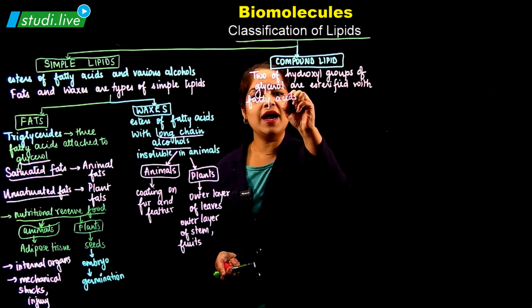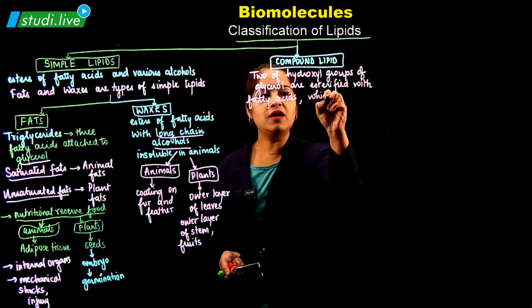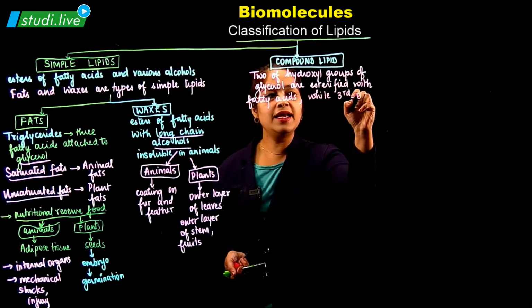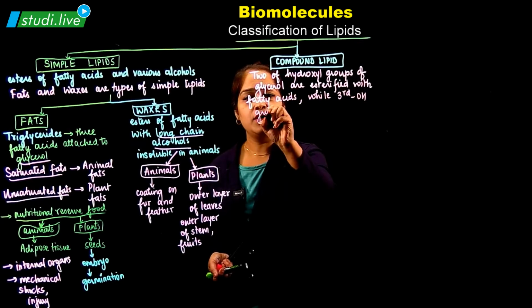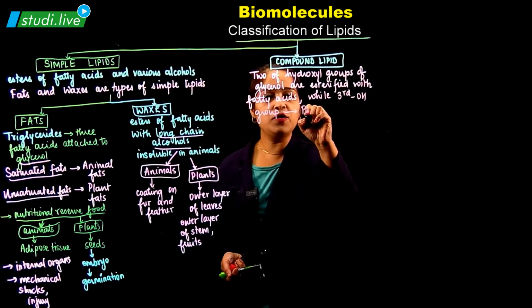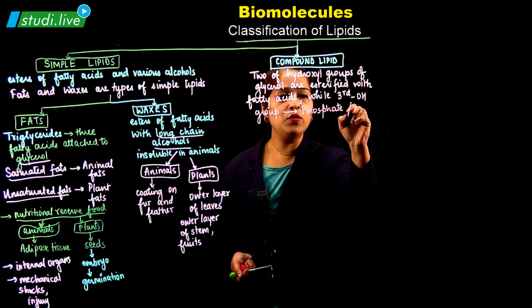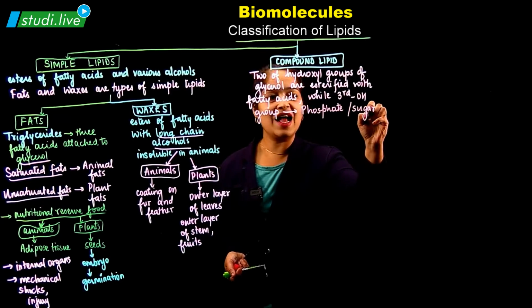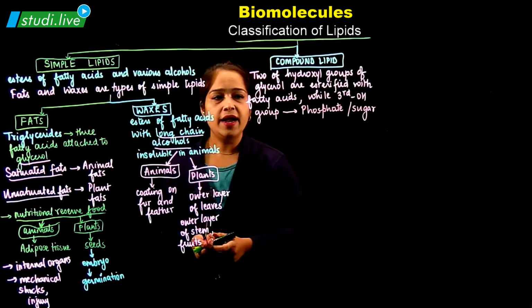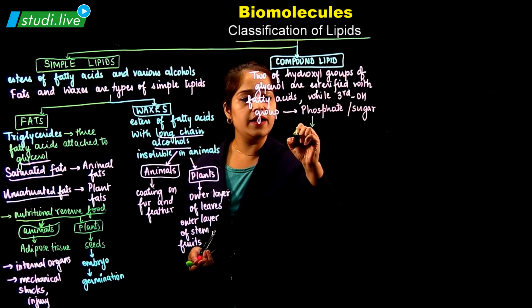While the third hydroxyl group is attached to either a phosphate group or a sugar molecule. When it is attached to a phosphate group, it is called a phospholipid.